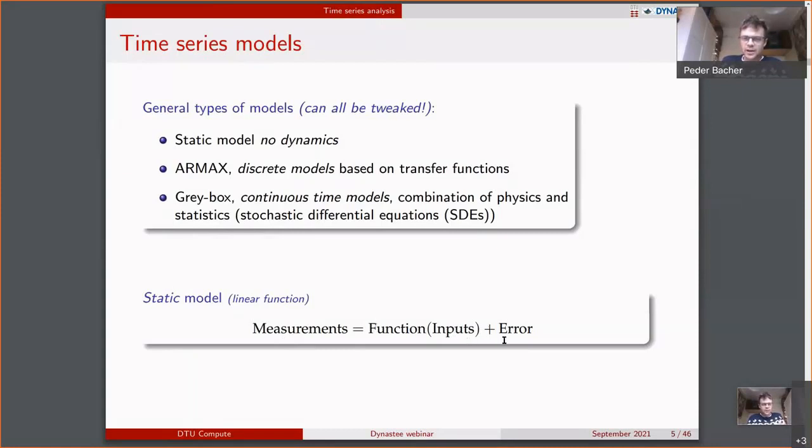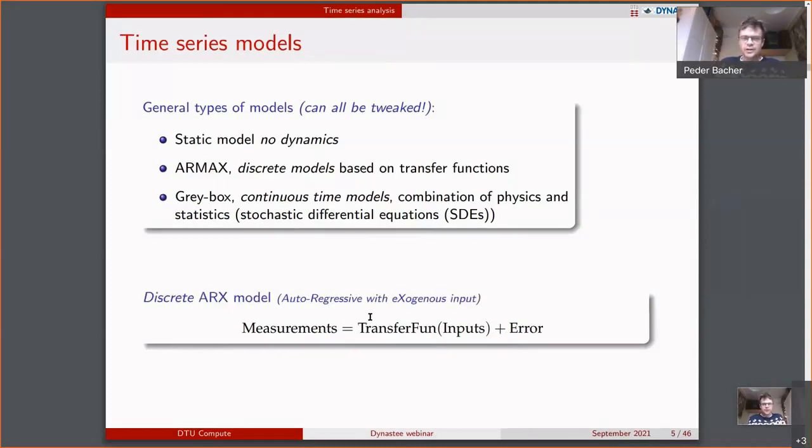And eventually we have an error term because the function of the inputs is not exactly equal to the measurements. There's an error. And that's very important in the statistical model. That's actually what makes it a statistical model, that there is an error in the model. So that would be the static model, where we basically don't describe the dynamics of the system.